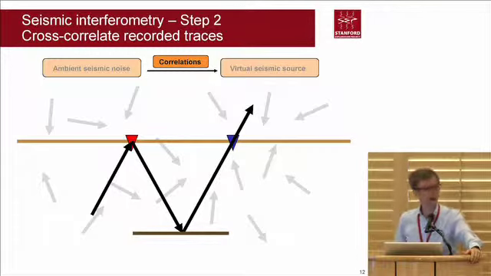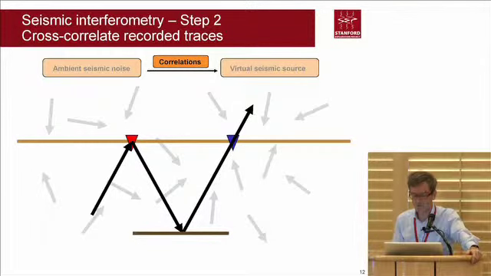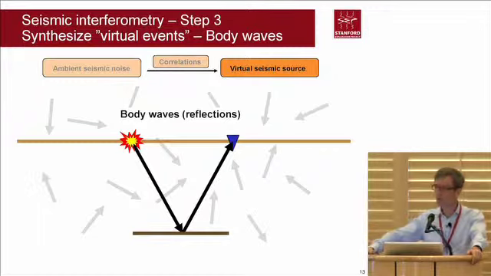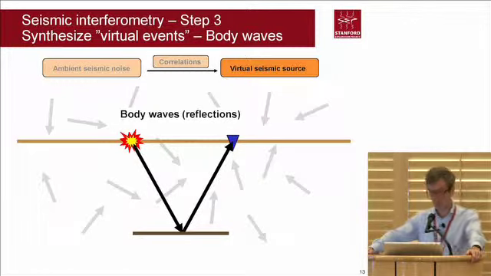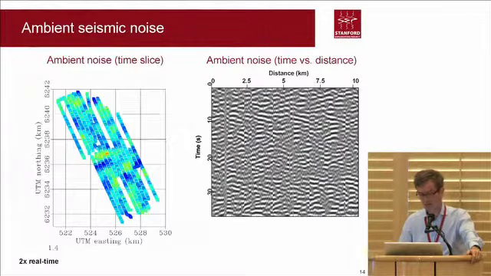This is the kind of path of such reflected body waves from the subsurface. The surface here plays the important role of sending it back into the subsurface after it hits one of the receivers. Again, we want to synthesize the equivalent of an active reflection.